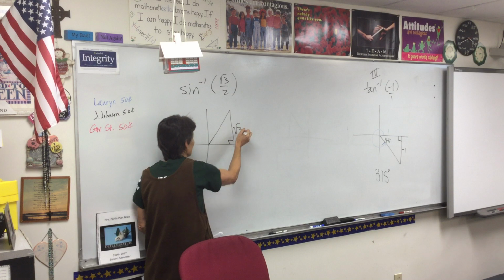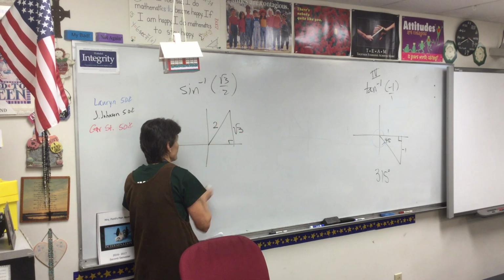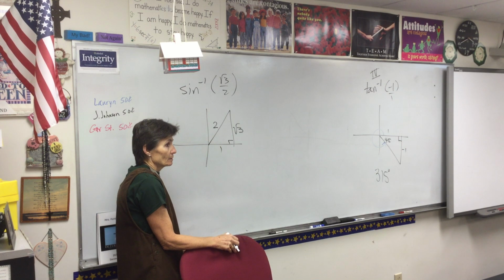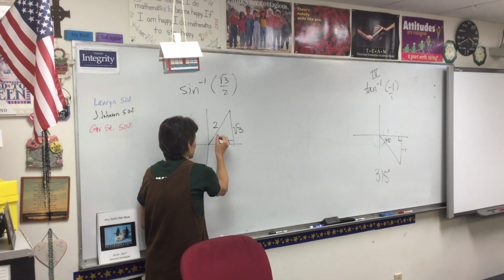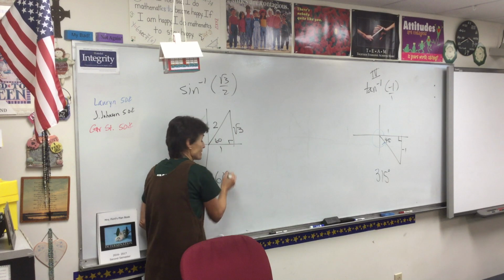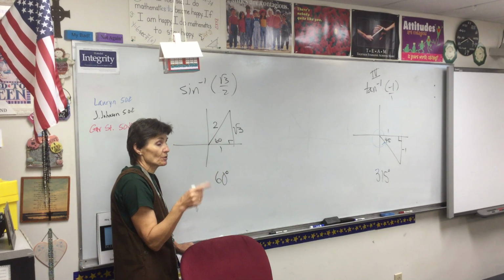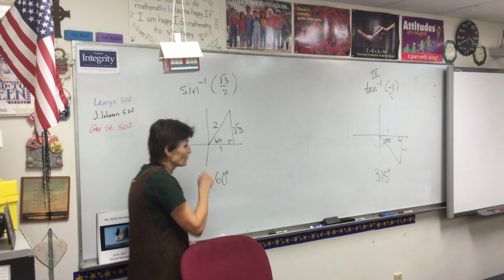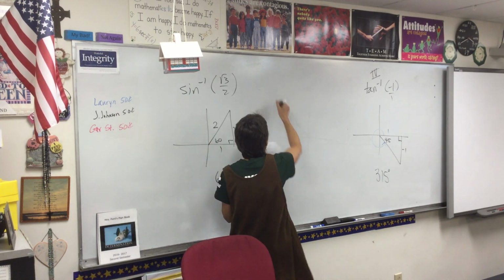Opposite is root 3. Hypotenuse is 2. That's going to make that a 1. How big is that angle? 60. So the answer is 60. If you're in quadrant 1, your angle is the answer.